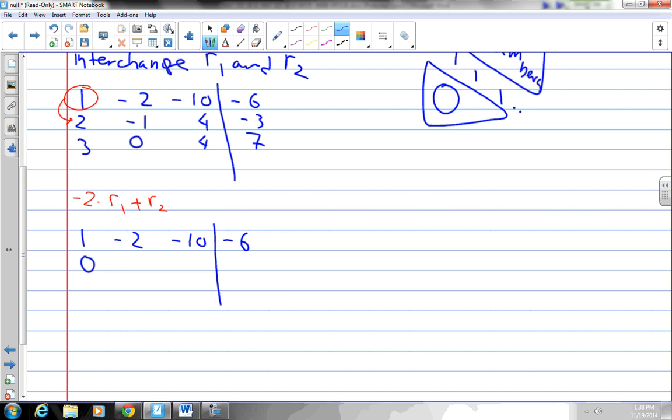And then negative 2 times negative 2 is what? 4 plus negative 1? 3. So that becomes 3 now. Negative 10 times negative 2 is what? 20 plus 4? 24. And then negative 6 times negative 2? 12.